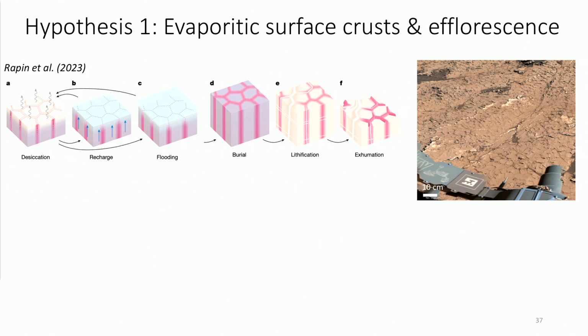The first one, I can go through pretty quickly because you just heard a whole talk on a big piece of it. So the first idea is that we have all of these really cool polygons that we could be concentrating these sulfates in evaporite scenarios. This also links with the detection of starkeyite in the Canaima drill hole.